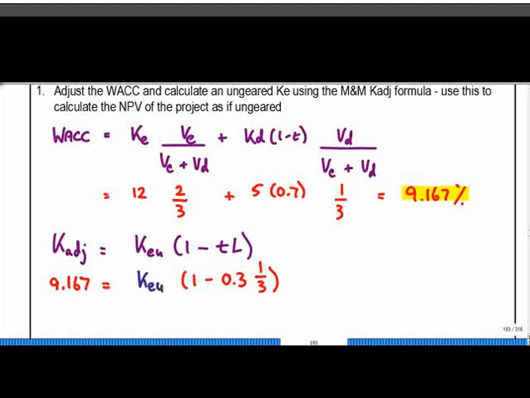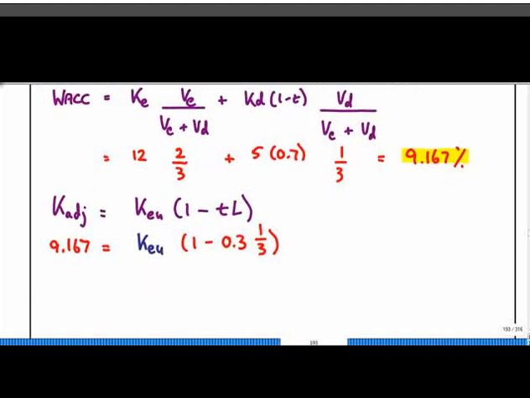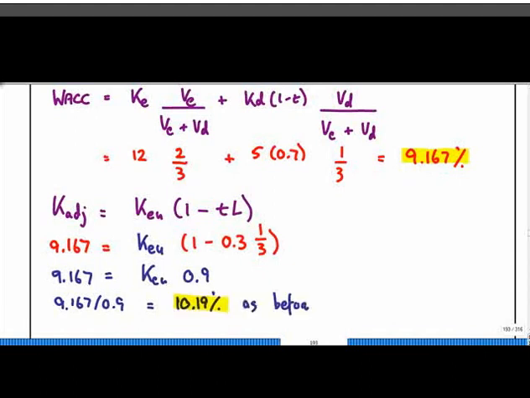So working this through, 9.167 equals 0.3 times a third is 0.1, 1 minus 0.1 is 0.9, and then divide both sides by 0.9 and you'll have your cost of equity ungeared. And just as before, it's 10.19%.